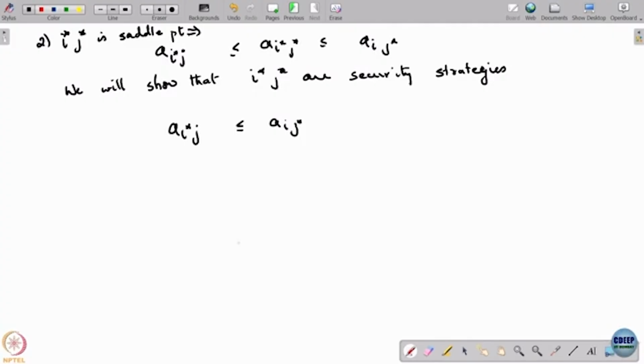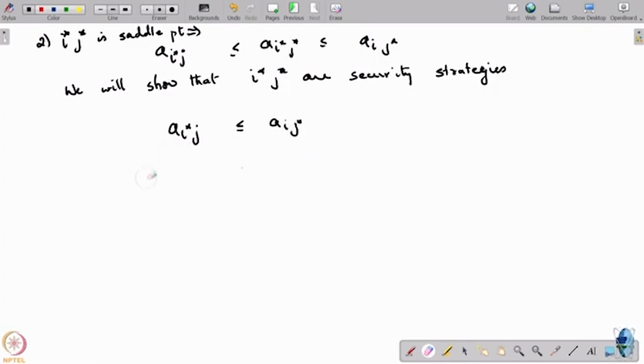But then what is a_{i j star}? I will make it easier. The left hand side is a function of j, the right hand side does not have j, it has only j star.